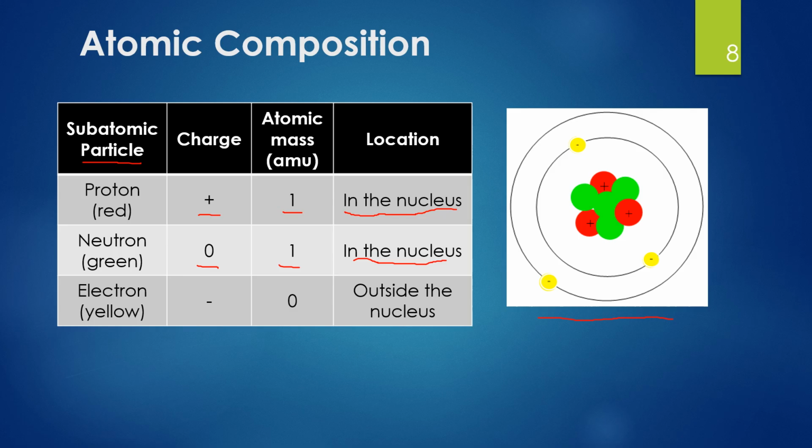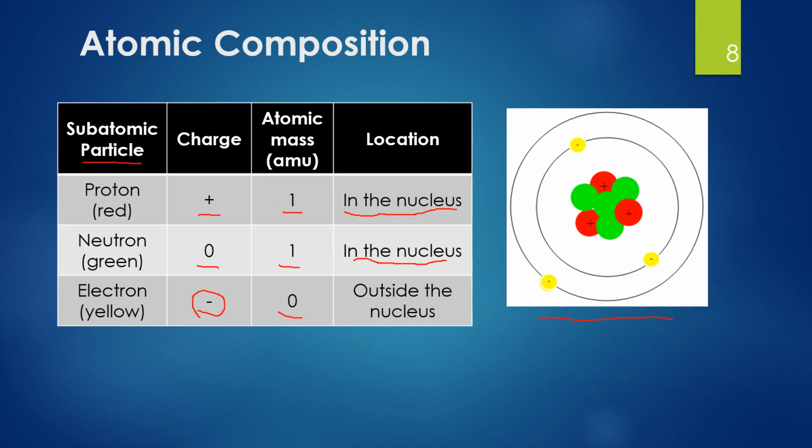Last but not least, the electron is the last subatomic particle present in an atom. The charge on an electron is negative, represented by this minus sign here under the charge center. Now for the mass of an electron, they do have a mass, even though in this table it has a number 0.